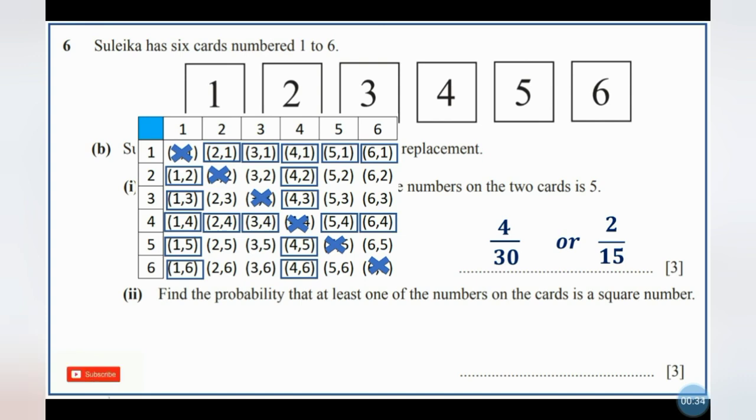Therefore, if you count, I have 1, 2, 3, 4, 5, 6, 7, 8, 9, 10, 11, 12, 13, 14, 15, 16, 17, 18 results that have a perfect square number. So 18 out of the total of 30 results. So I have 18 out of 30. Or you can simplify this and make it 3 out of 5.